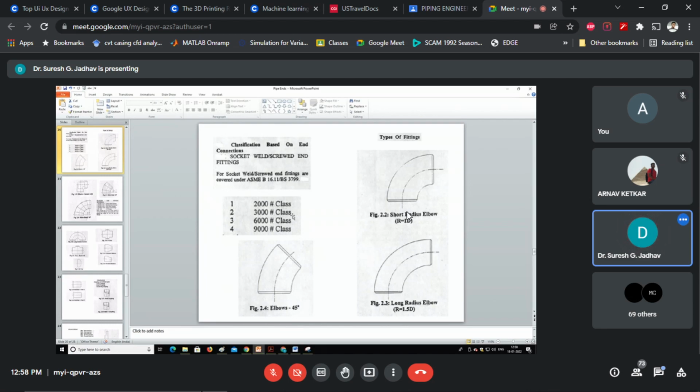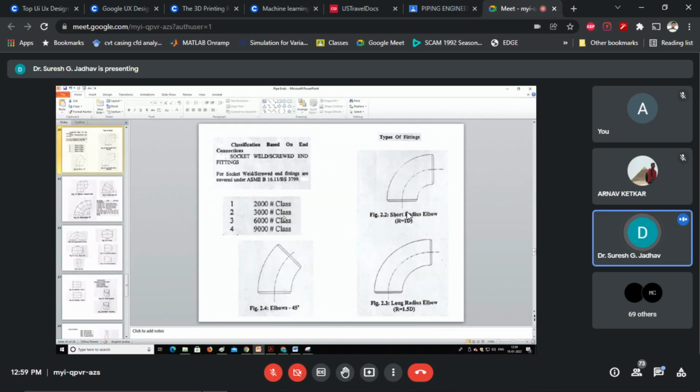So here, pipe thickness is schedule 80 or XS for socket weld, and this class is applicable to both screw and socket weld fittings, and schedule 160 for screw end connections. This kind of connection we have to consider.